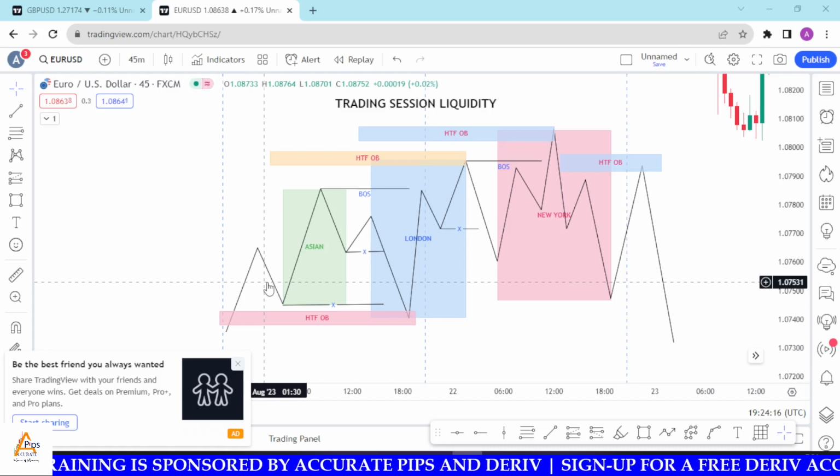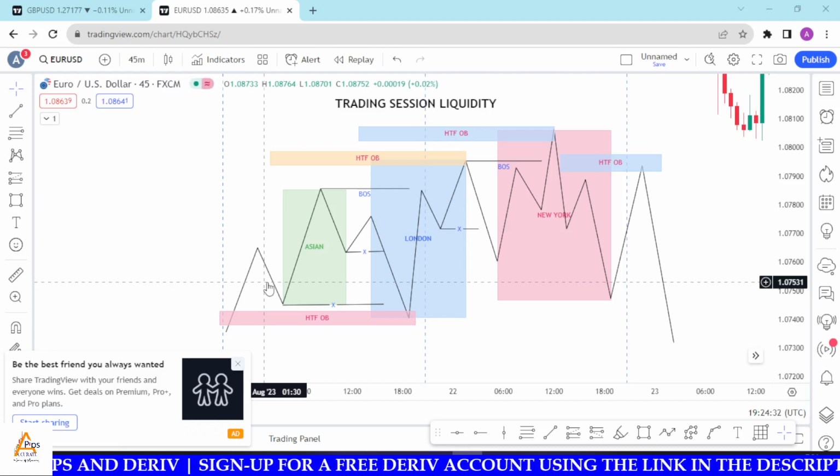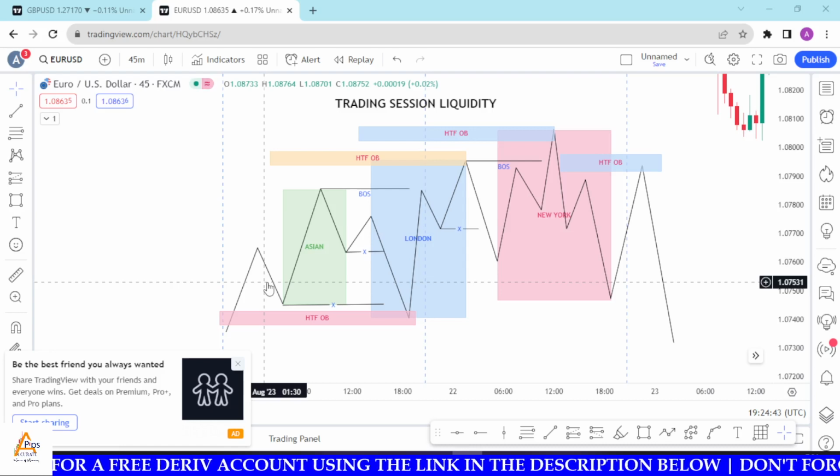Okay, so for instance, let's say I want to trade in the London session. I need to know what happened, the details that occurred during the Asian session. Even though I'm not trading within the Asian session, I need to understand the details that have occurred during it, and based on that detail I will be able to analyze the market for the direction of the London session.